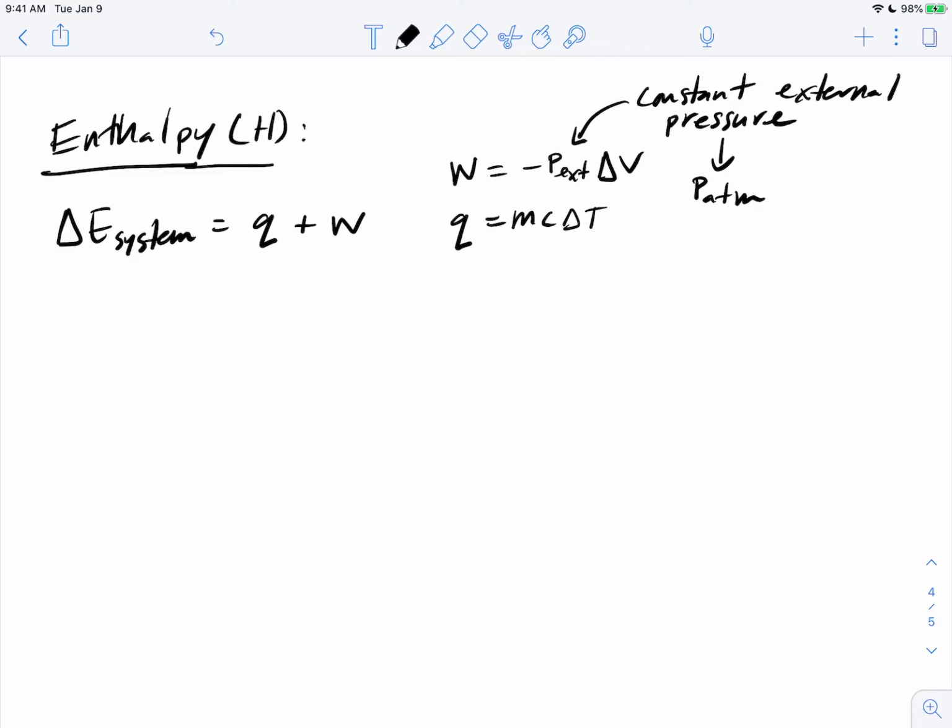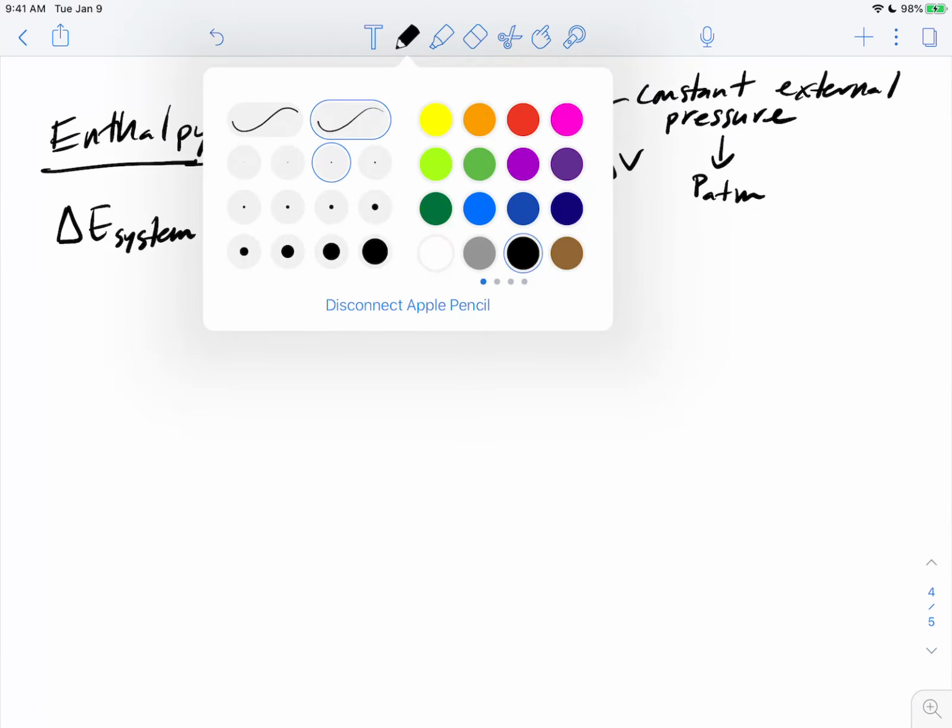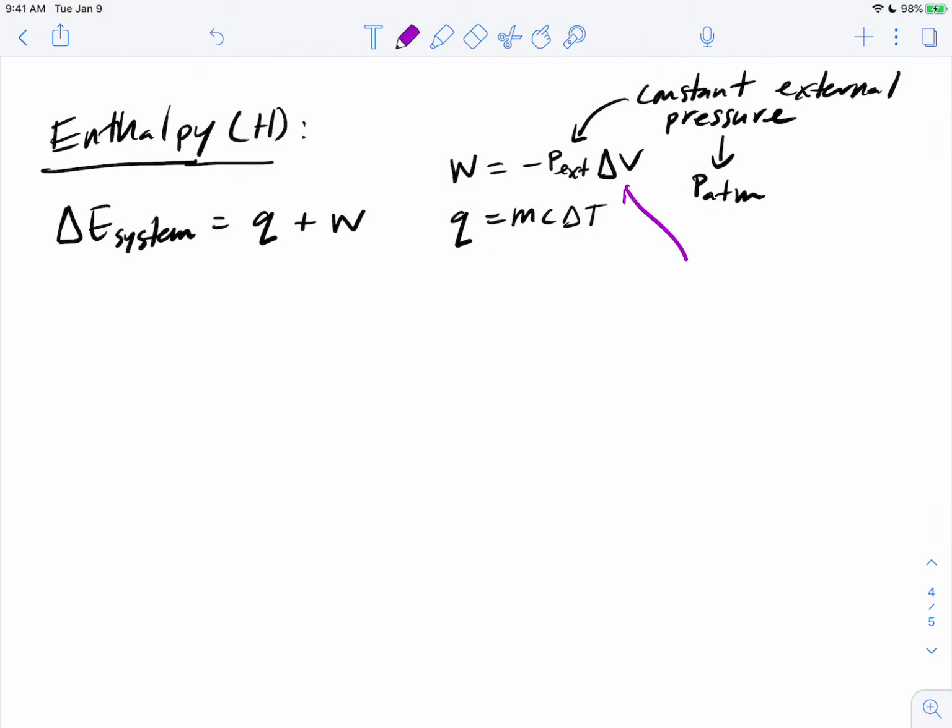Reactions have this too. So something to point out here is that for delta V, if there is no change in volume, if the change in volume is equal to 0, then the work term is equal to 0.